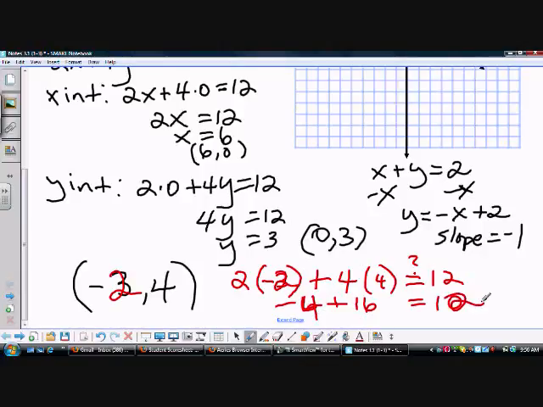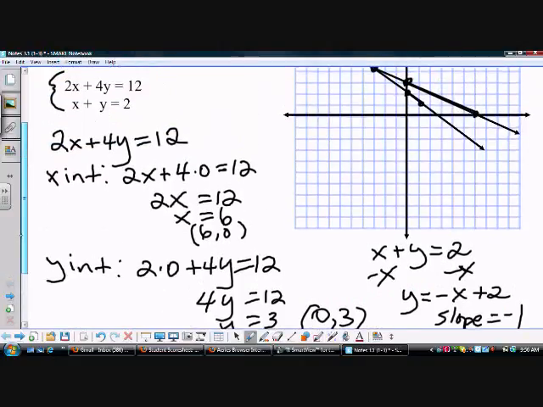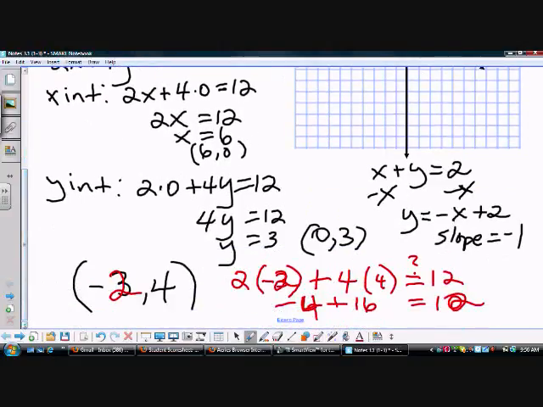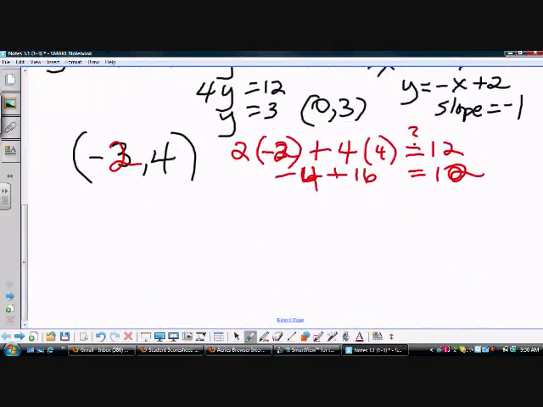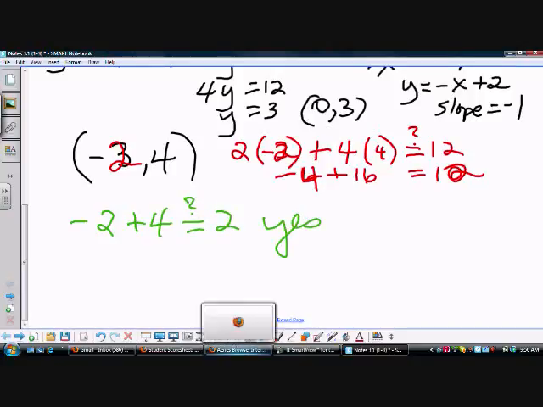That'll give us 12. And let's see if that works in the other equation, x plus y equals 2. Yeah, that works in the other equation. Negative 2 plus 4, is that equal to 2? Yes. Now we've got a check mark for both. So my solution is at negative 2, 4.